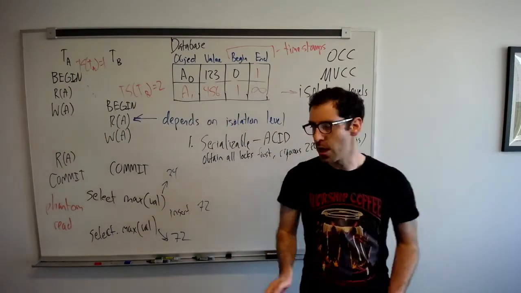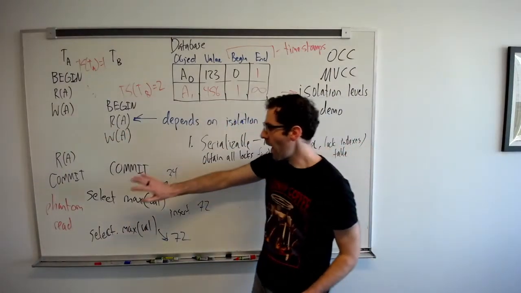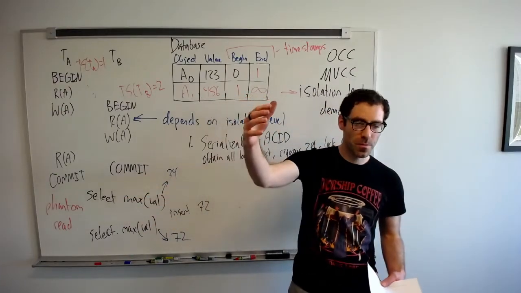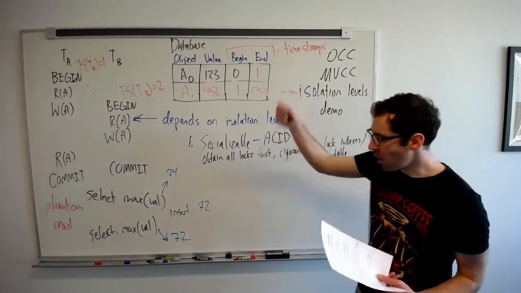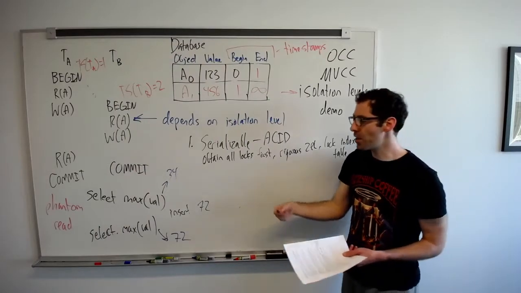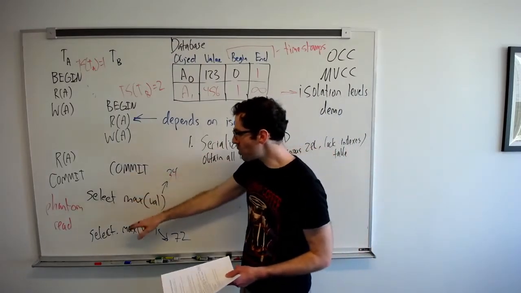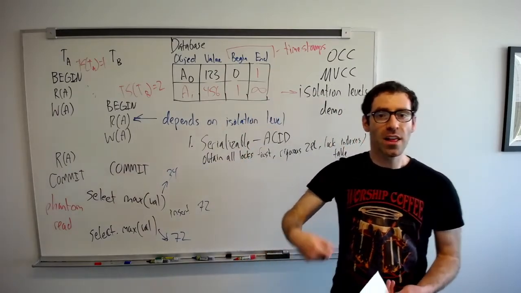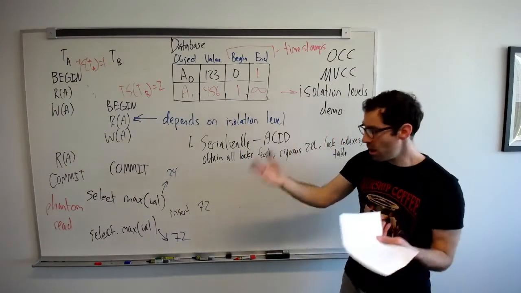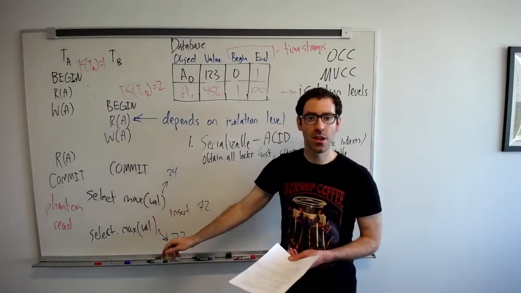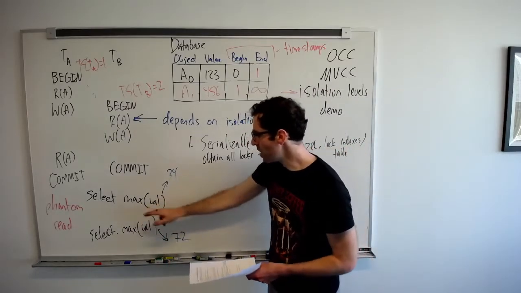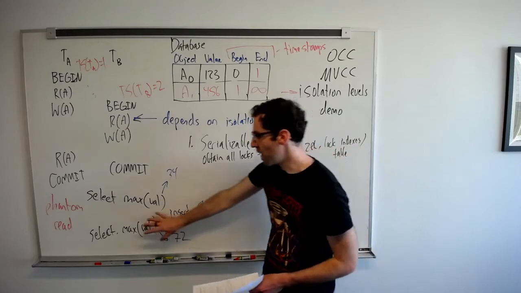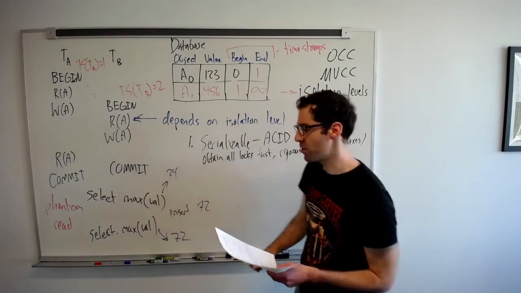And so this idea of the phantom read is we have some query that goes over a range of tuples, and in between two queries that in theory go over the same range, they actually go over different ranges. In between these two, there's been an insert and it has changed this result.